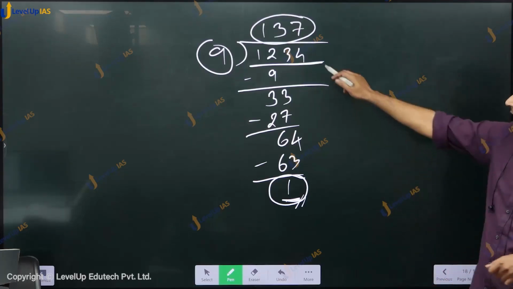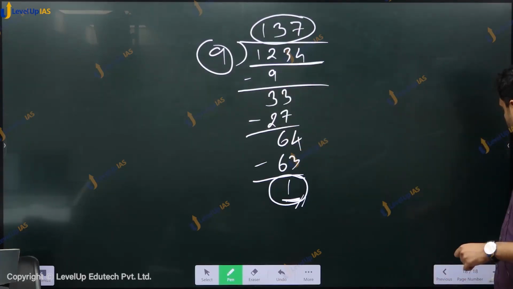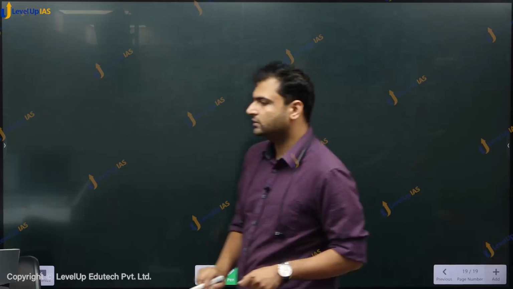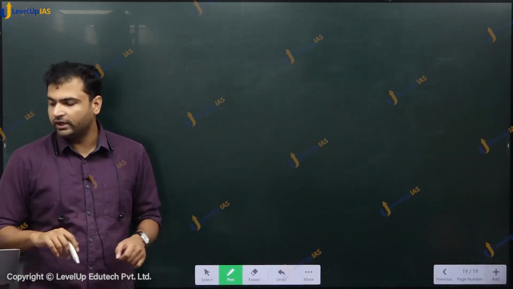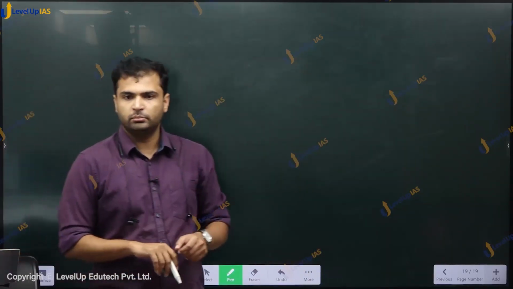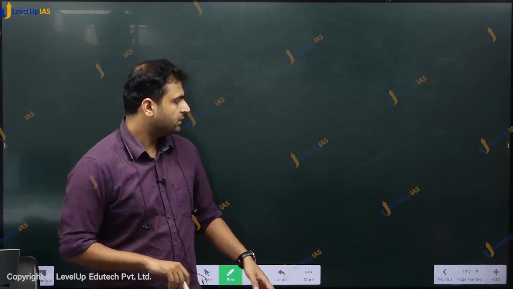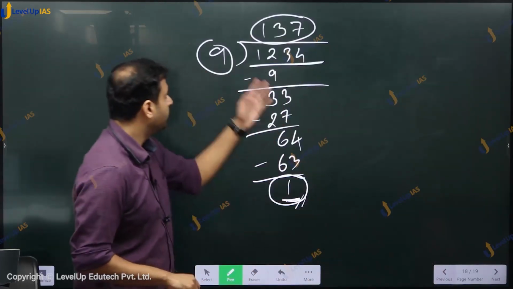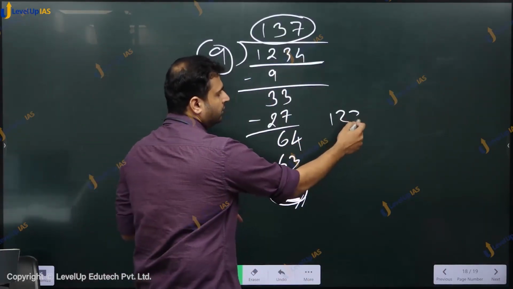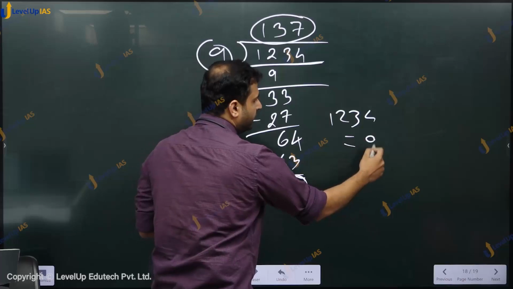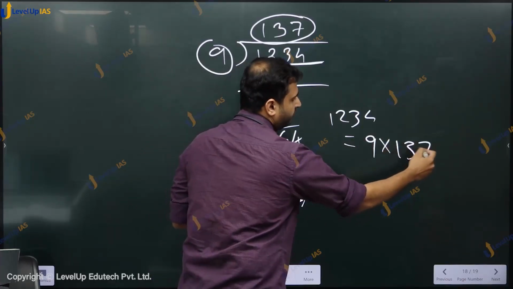So when we divide any number by any number, we get an equation like this, which is written there: dividend is equal to divisor into quotient plus remainder. Right? So in this example, 1234 is equal to 9 into 137 plus 1.